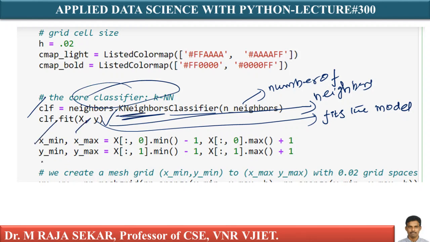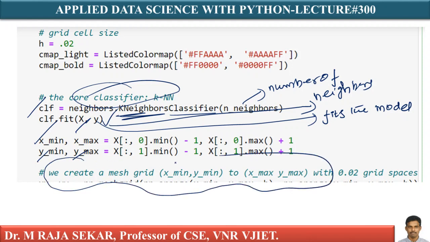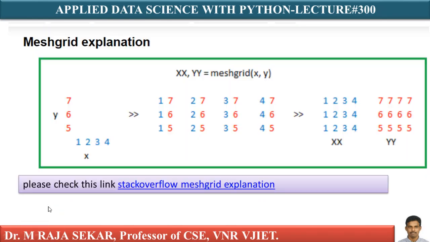This is x min, x max, y min, y max. We create a mesh grid from x min, y min to x max, y max with 0.02 grid spaces. These are simple Python basics. If you have an idea of Python basics, certainly one can understand.